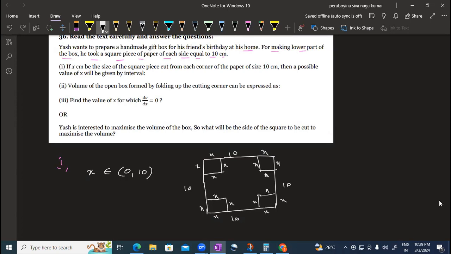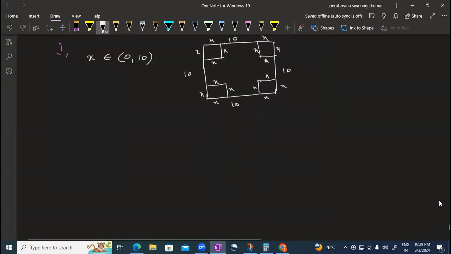Second question: volume of the open top box, folding, cutting the corners, express it. So he's telling that volume will be, volume means what? LBH. Volume of the box is LBH.